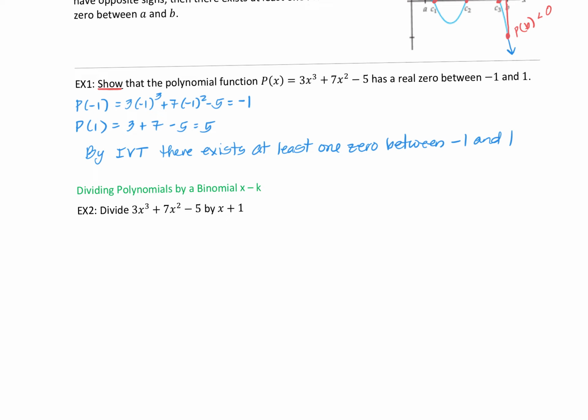You have to say, okay, well, so what? Why does that show that there's a zero? And the reason is that conclusion that by IVT, there does exist at least one zero. So this is actually a proof, which is what we do a lot of in Math 140 and also in calculus.